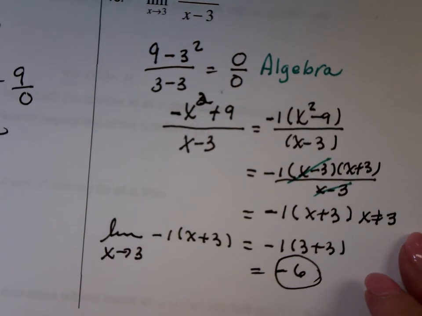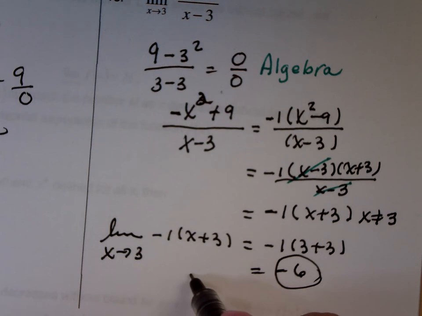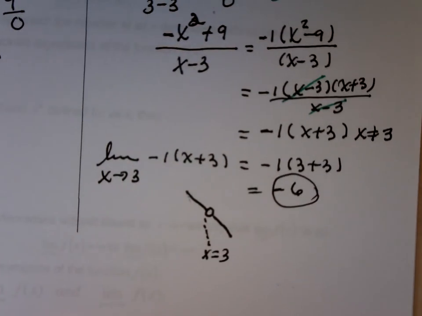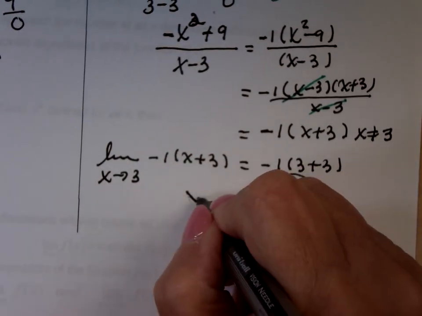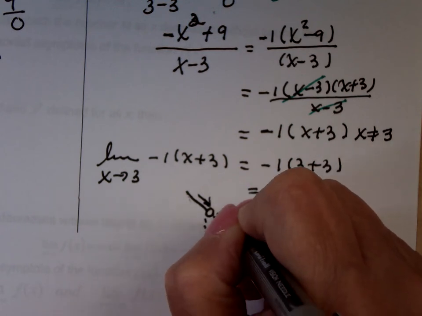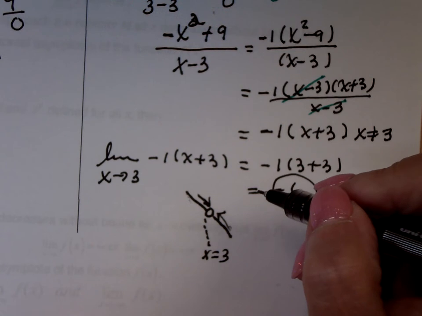What you actually have going on is this. You have a line, it's got negative slope, it's got a hole in it where I removed the problem, and it happens to be at x equals 3. So we're coming from both directions, and we're essentially almost meeting at the hole.